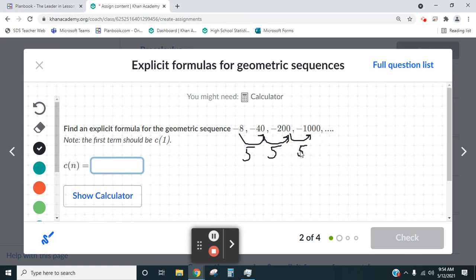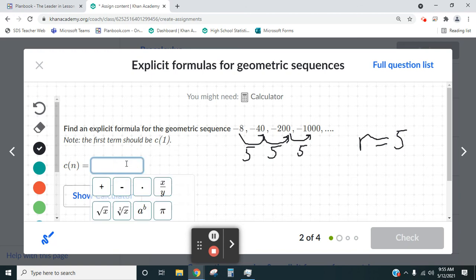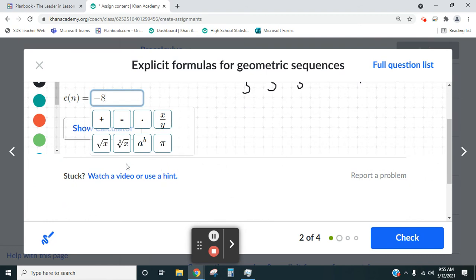Starts with an R. Ratio. Thank you. All right, there you go. That's a common ratio. What's the first number in the sequence? That should go first, and we should say times.